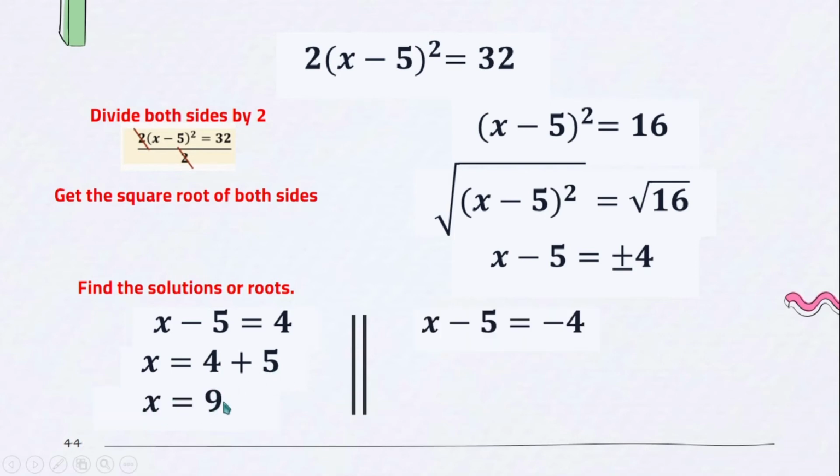This is our first root of the solution. On the other side, x minus 5 is equal to negative 4. So, x is equal to negative 4 plus 5. So, the answer is x equals 1. So, the roots of the given quadratic equation are 9 and 1.